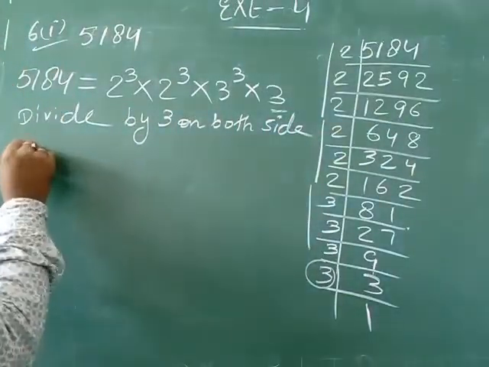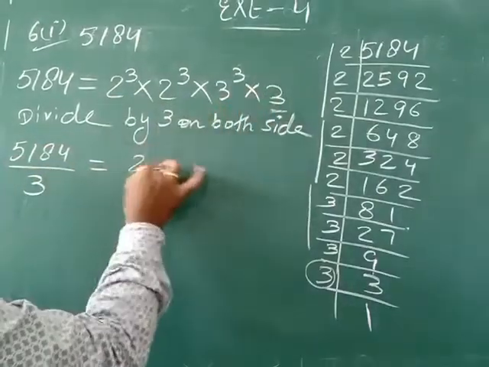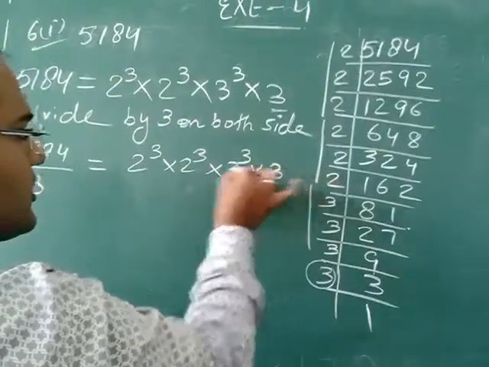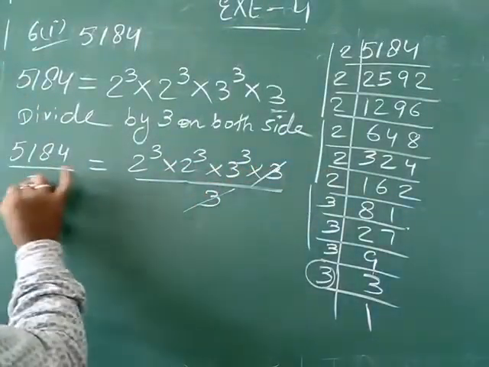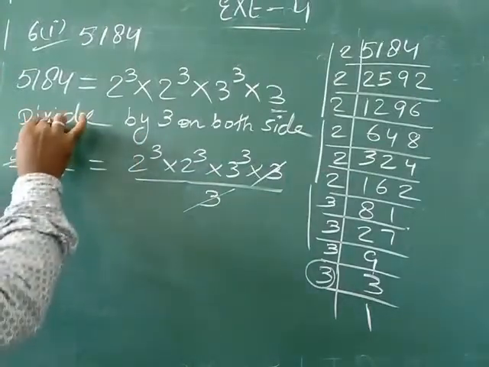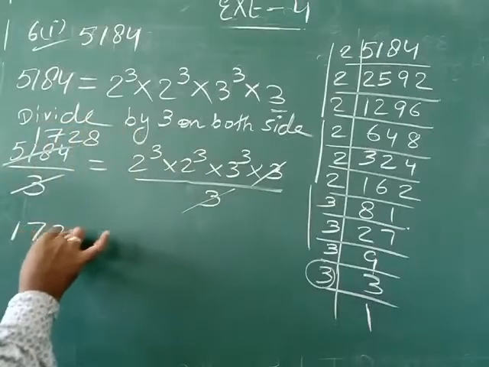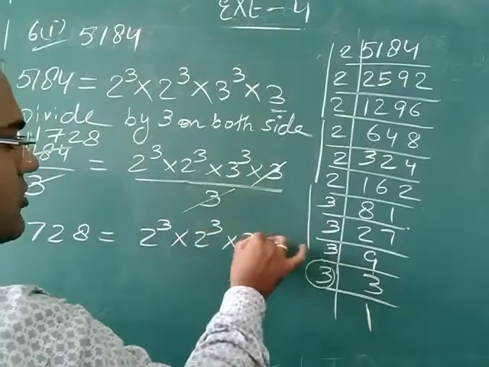So 5184 divided by 3, and this number also 2 power 3, 2 power 3, 3 power 3 into 3 divided by 3. So this 3 and this 3 will get cancelled, and when we will cancel these two, we will get 1728 is equal to 2 power 3 into 2 power 3 into 3 power 3.